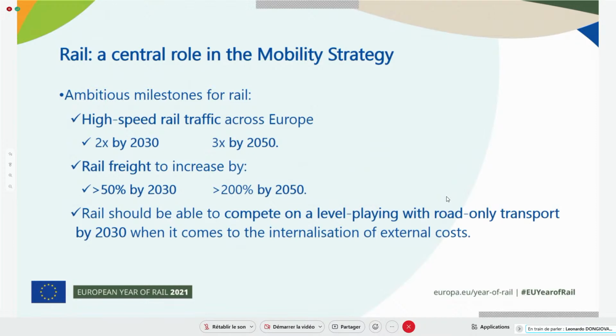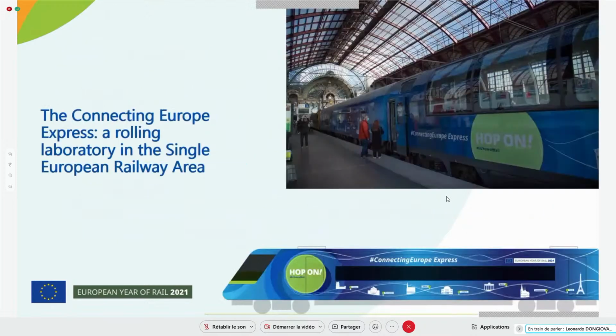If we move on to the next slide, we can see that 2021 was an important year for rail, especially because it was the European Year of Rail. Well, the next one is a visual slide. We had the European Year of Rail during this year, as you all know, I'm sure.